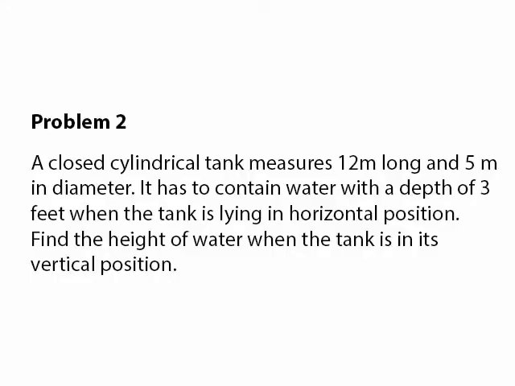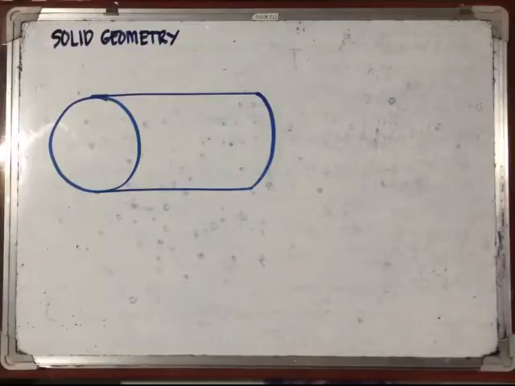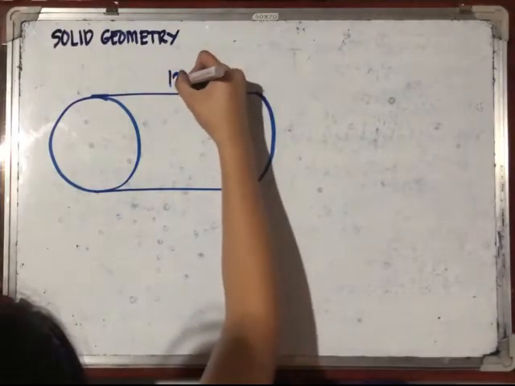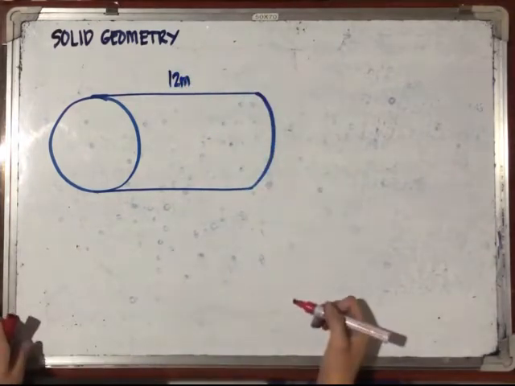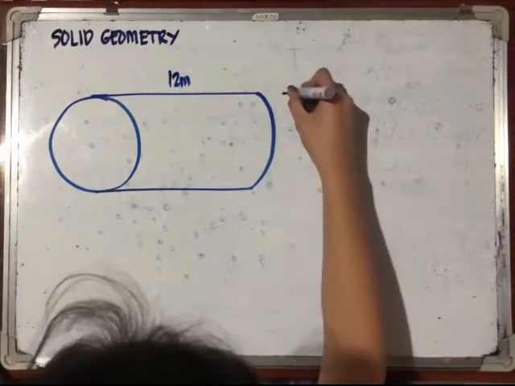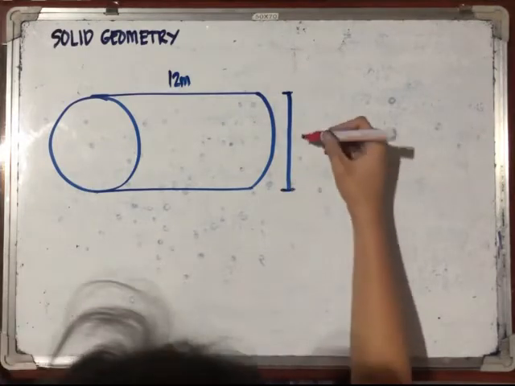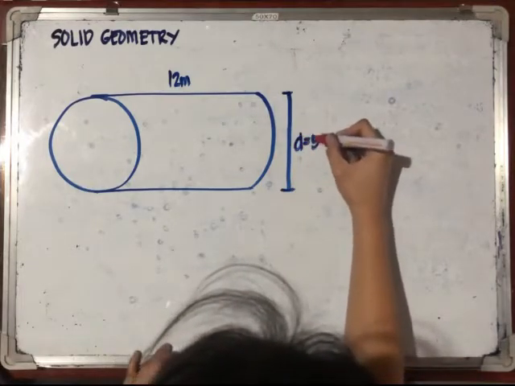We have here a horizontal cylindrical tank, a closed cylindrical tank, that measures 12 meters long and 5 meters in diameter. It has to contain water with a depth of 3 feet when the tank is lying in horizontal position. Find the height of water when it is in vertical position. So this one is 12 meters long and the diameter measures 5 meters.